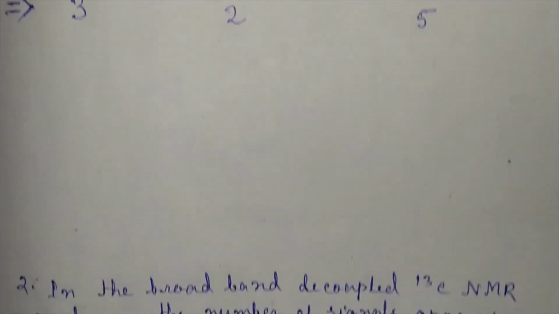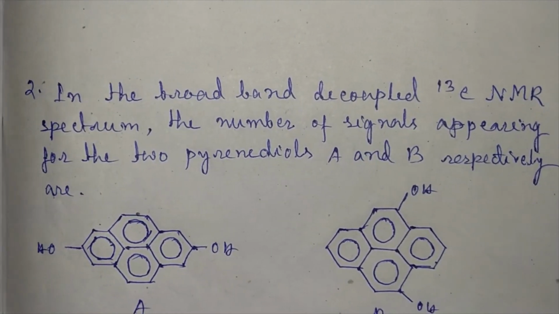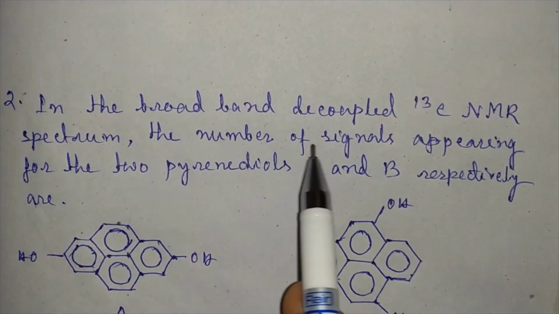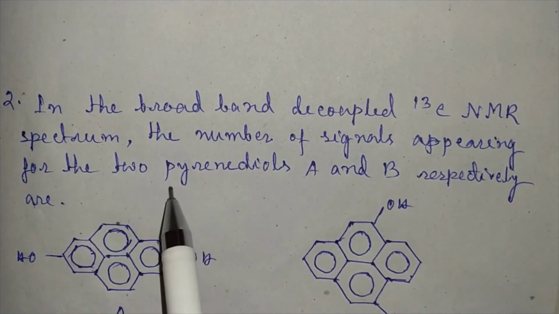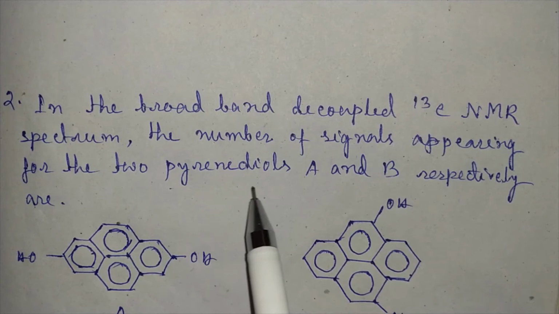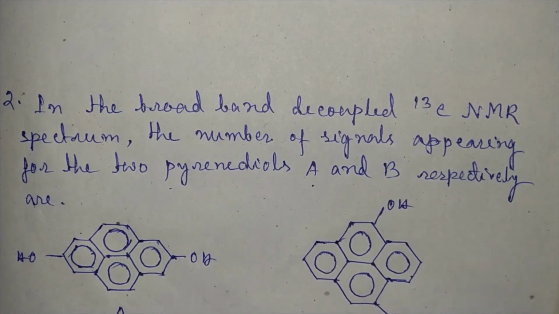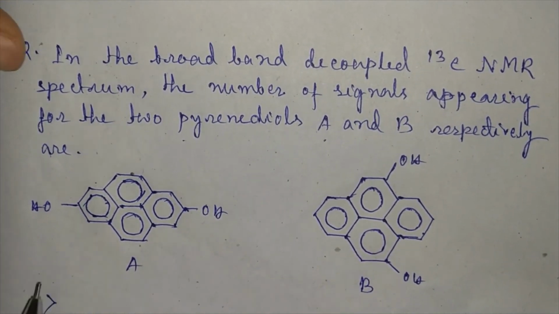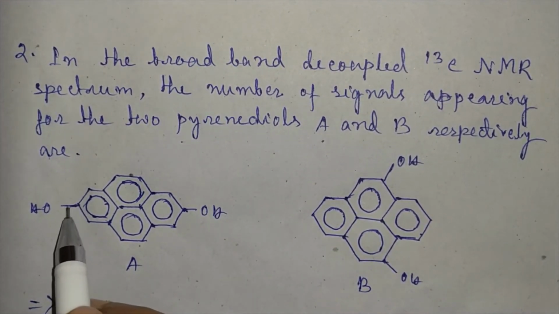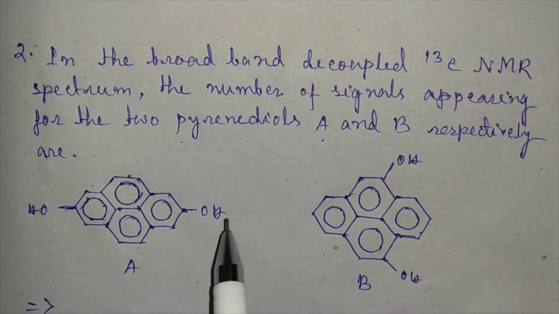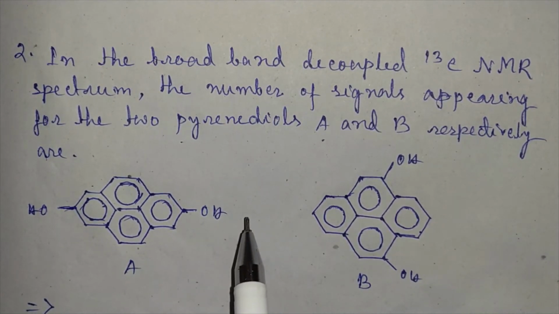Another question is here. Same question: the number of signals in the broadband decoupled 13C spectrum for these two pyridiols, A and B, respectively. The same procedure will be applied for these two molecules also. We will pass a symmetry plane and divide the molecule into equal halves, and then determine how many dissimilar carbons are there.